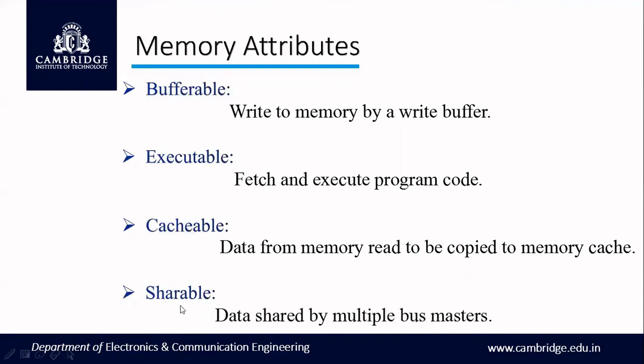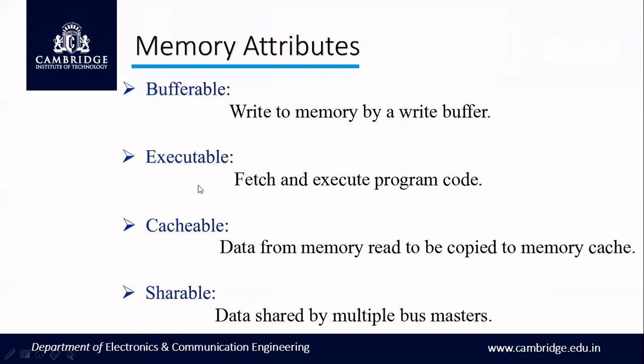Lastly, you have the shareable attribute, which indicates whether the data can be shared by multiple bus masters. As you know, you have 3 different bus interfaces which the Cortex-M3 processors support. So across the buses, if you are able to share the data using multiple bus masters, then we say that it is shareable, right?